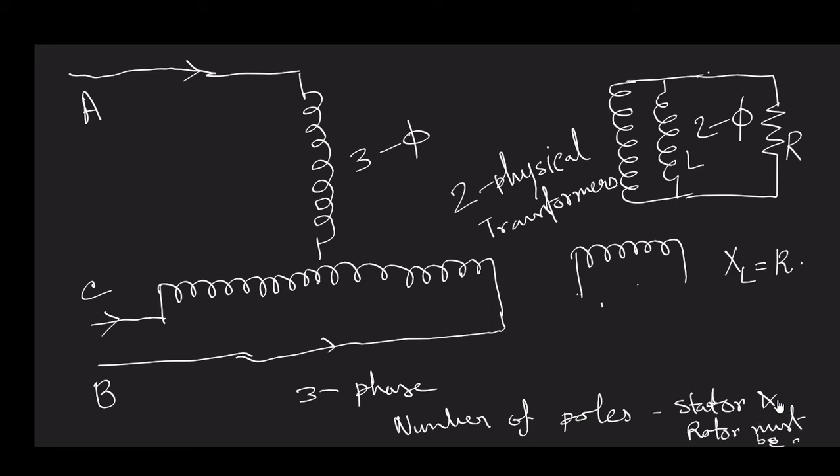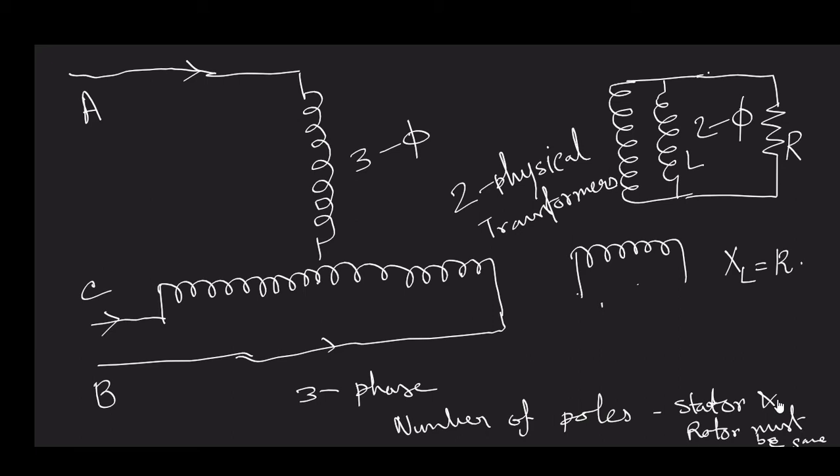However, we can have different numbers of phases, like here we have different numbers of phases. Now, as our transformer operates with constant flux, we consider that our induction machine is also working under constant flux condition.